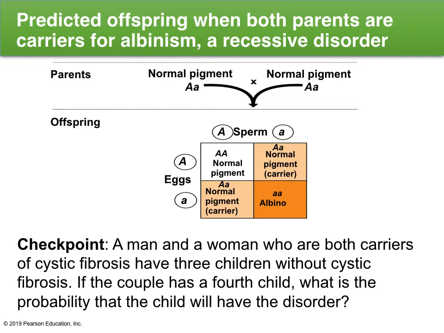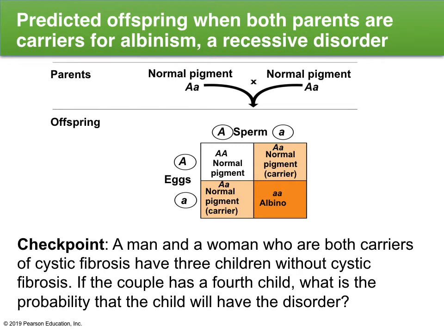Now statistically, right, it's 1 out of 4 you get this, 1 out of 4 you get this, 2 out of 4 you get this. So the odds are 3 out of 4 that you'll have a child with normal skin pigment. So again, keep in mind, these are all equal probabilities. You can toss the coin, or you can perform the cross here, and the first child is albino, right?